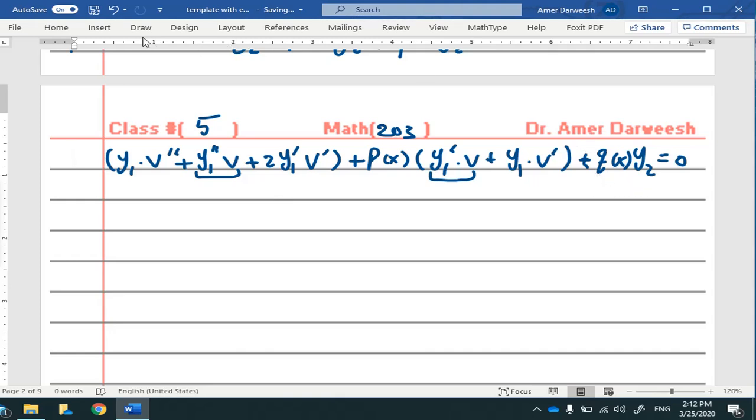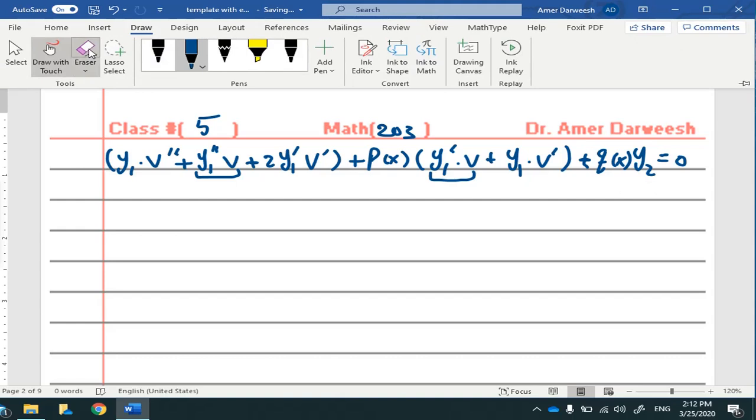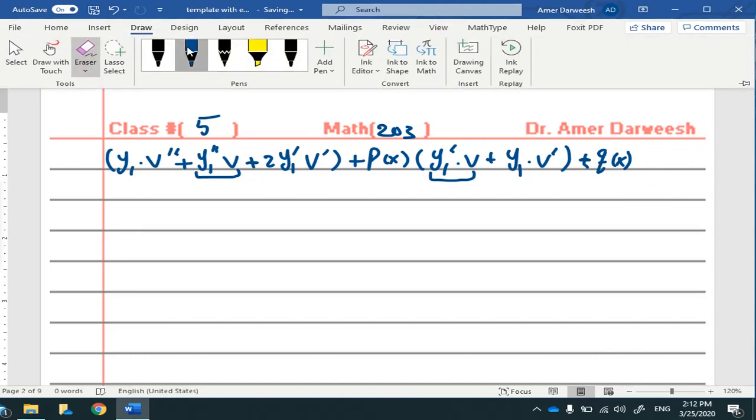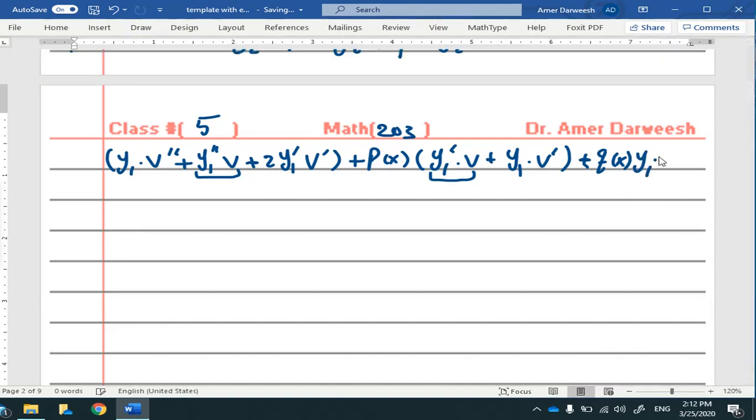If I replace y2 by y1 times v, I collect the term y1 double prime, the coefficient p(x) y1 prime, and the coefficient q(x) y1.